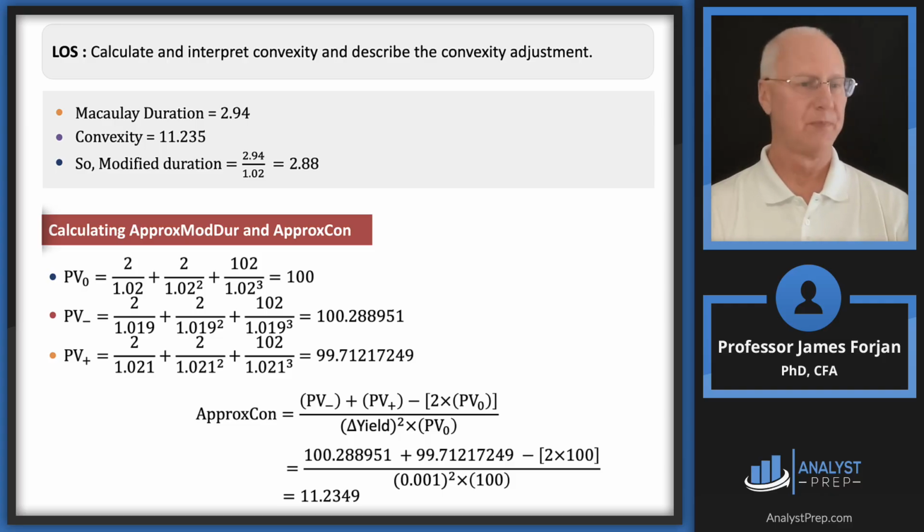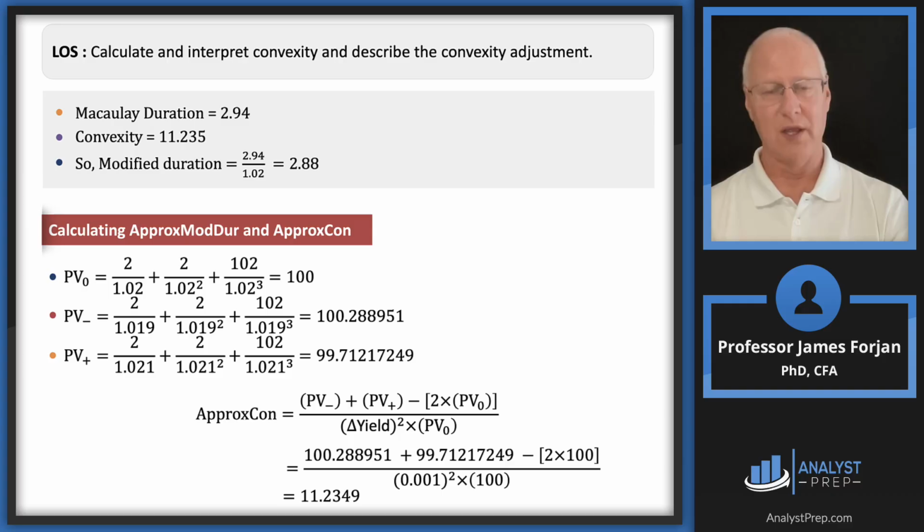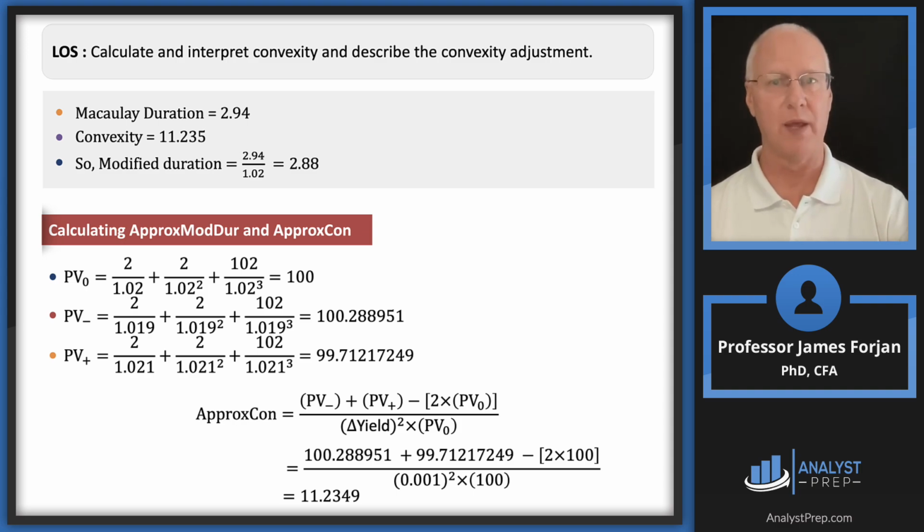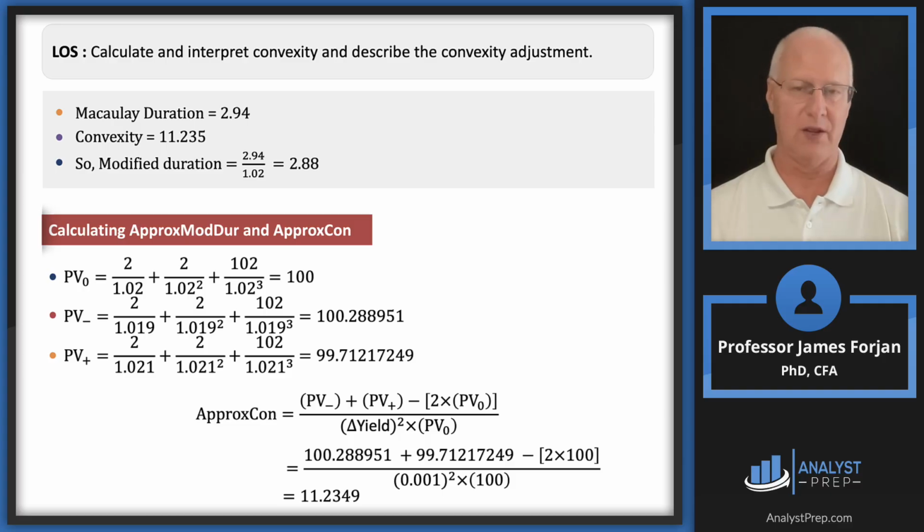So once again, just like I said back in the duration conversation, you can either use the table or the equation. You can do the same thing here for convexity, and it depends really on what the Institute provides you in the question stem, which will determine which one of those 2 methods you're going to have to use.